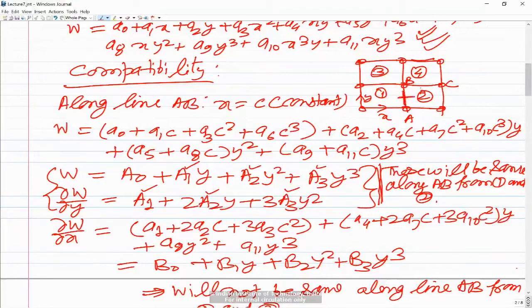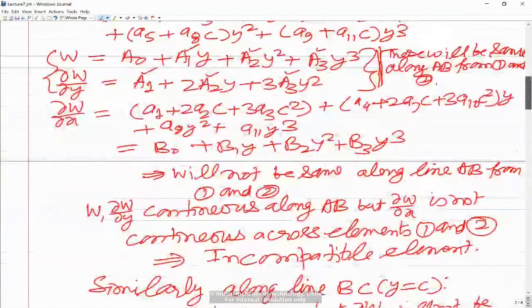Similarly, when you take line BC, W is continuous and del W by del X is continuous. Del W by del X would be rotation about the normal. The normal on this boundary is along y. So the rotation about this normal is continuous, but the rotation about the tangent, that is the x-axis, is discontinuous. So that is the conclusion here.